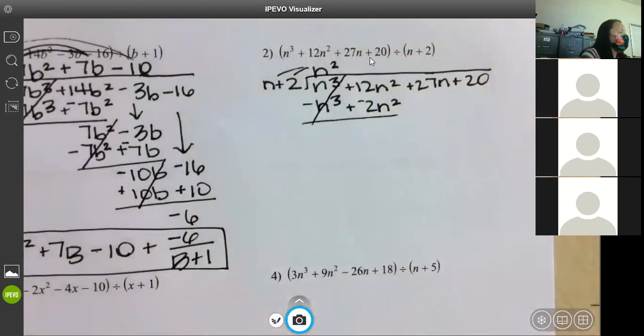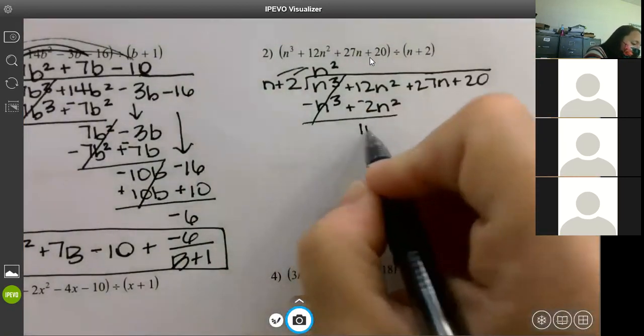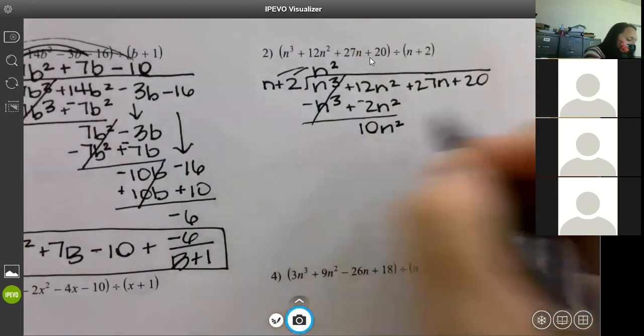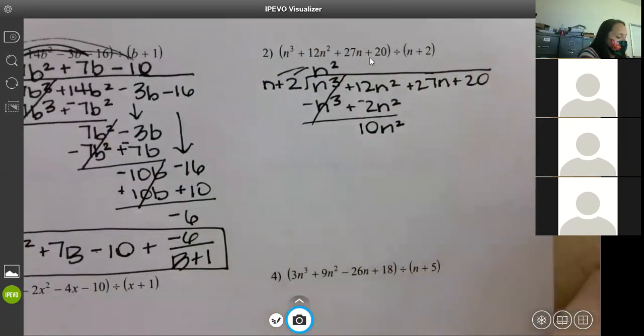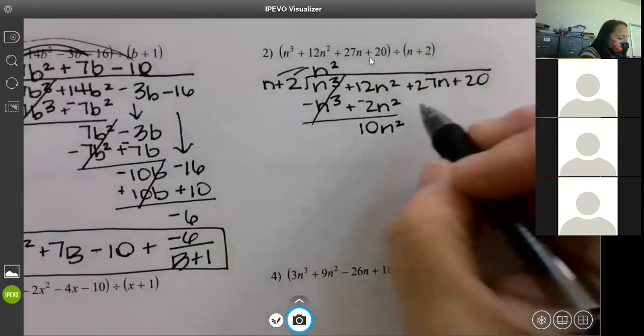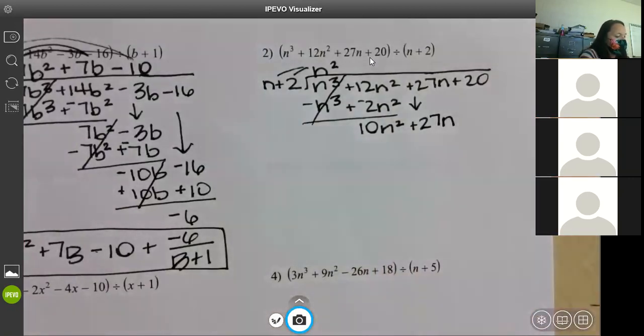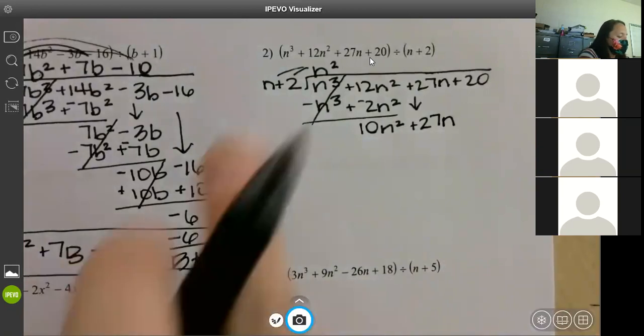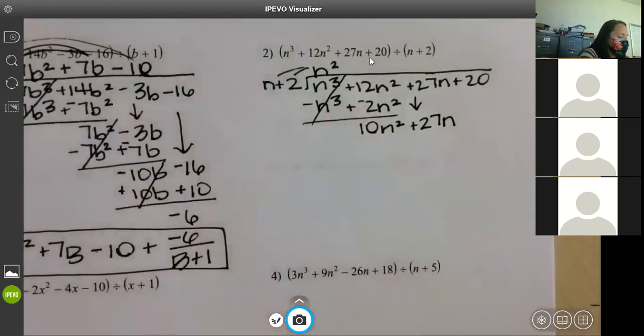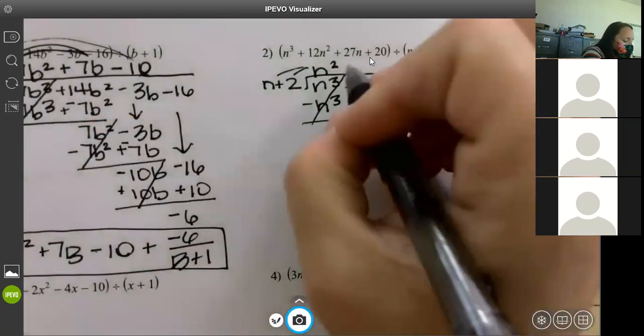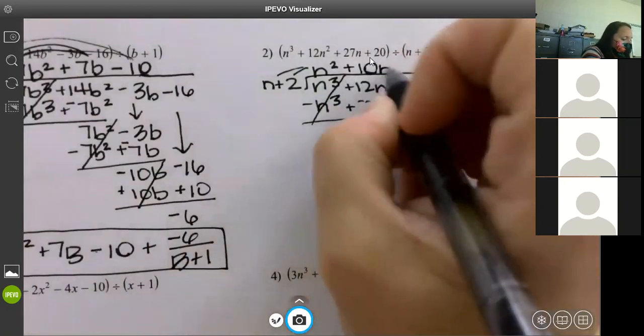That causes your n cubes to cancel out. 12 minus 2, 10n squared. What do I do next? Bring down your 27n. Start all over. What can I multiply by n to get 10n squared? 10n, a positive 10n, so plus 10n.